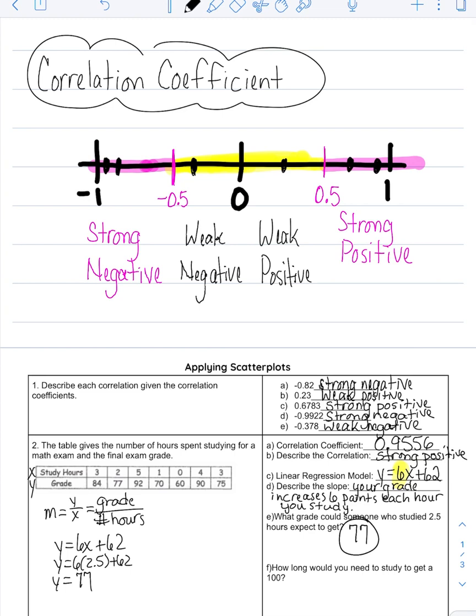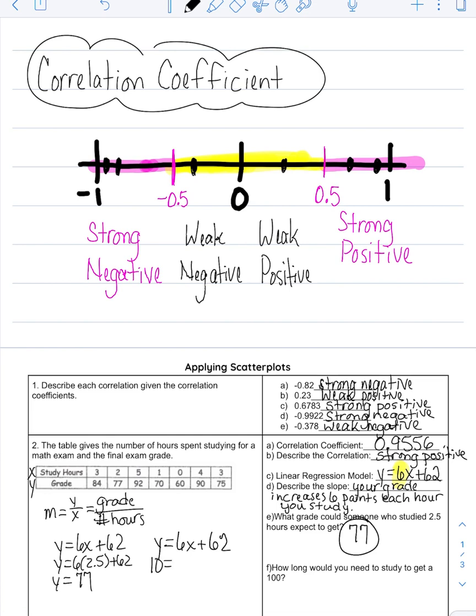Now let's look at one more way we could use that linear regression model. How long would you need to study to get a grade of 100? Well, it didn't say grade, but we know if we get a 100, that's a grade. Grade is the y. So watch this. y equals 6x plus 62.